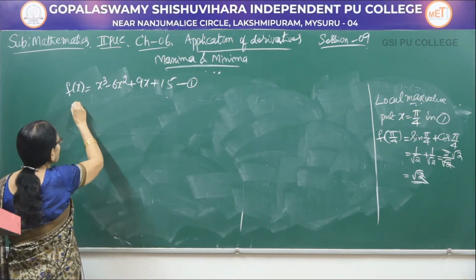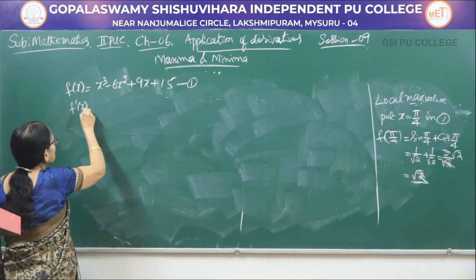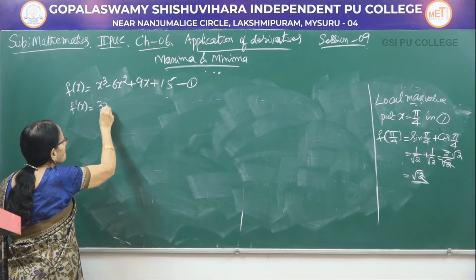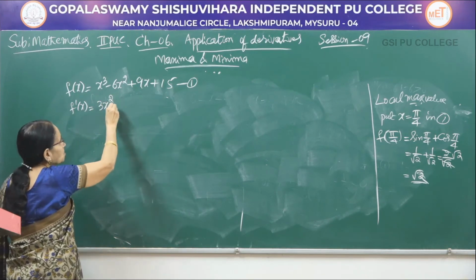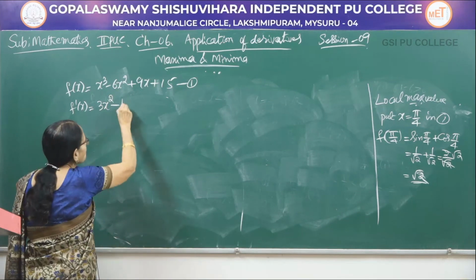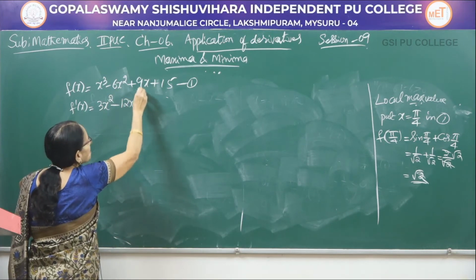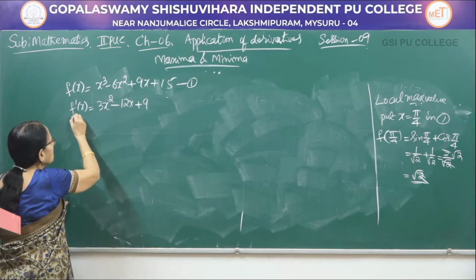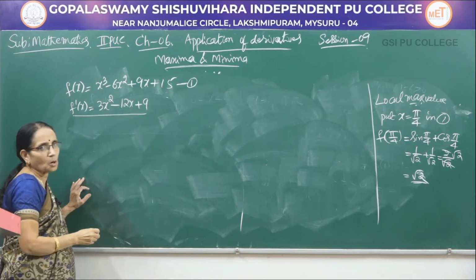Now, let me differentiate. f dash x equal to, it's a simple algebraic function, x cube becomes 3x square, minus 6 into x square becomes 2x, that would be 12x, 9 into 1 that is 9, 15 being a constant becomes 0. So, you can stop here.